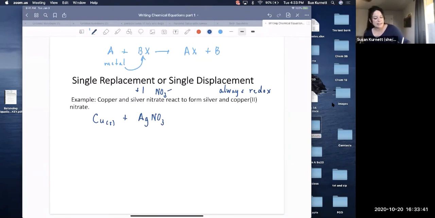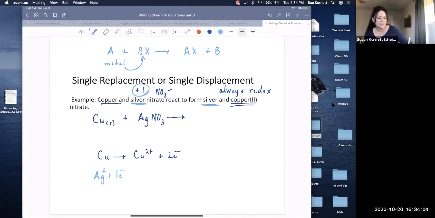What's going to happen here is that copper is going to lose 2 electrons to become copper 2+. And then silver ion is going to become silver metal.